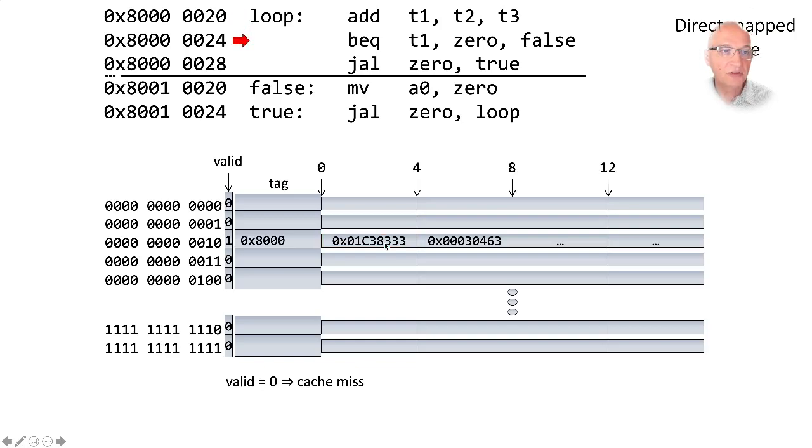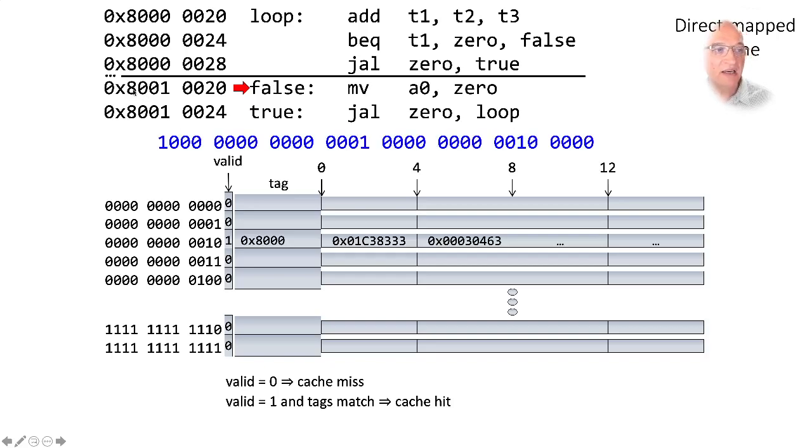Next, I execute the branch equal instruction. Note that the branch equal instruction will be a cache hit because I'm accessing the address that's immediately after this one. So I'm accessing now this word, which I already brought when I had a miss for the add instruction. So that's a hit. And next, I go into the false label, and I am accessing now the address 0x80010020.